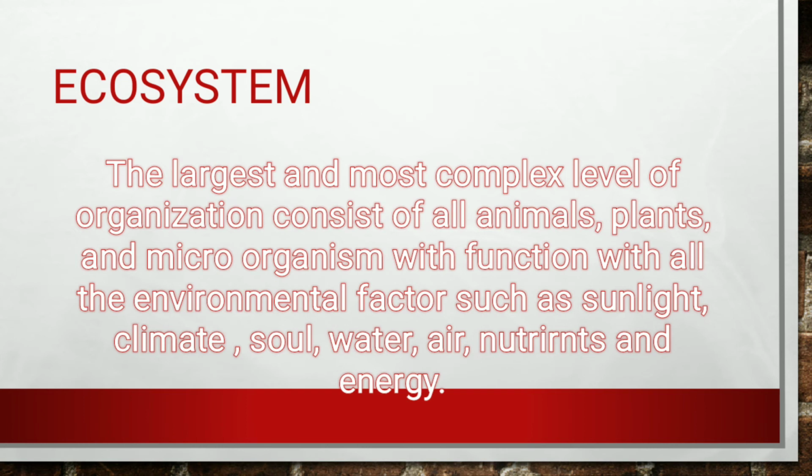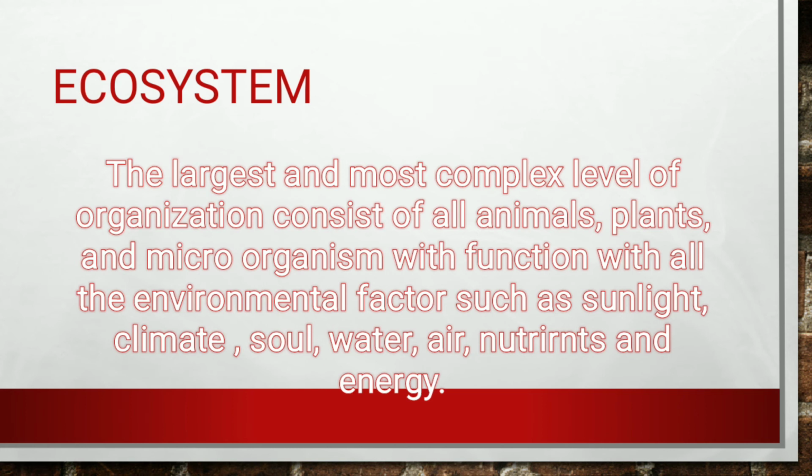Ang ecosystem ang pinakamalaki at pinakakomplikadong antas ng organisasyon sapagkat ito ay binubuo ng lahat ng mga pangkat ng halaman, hayop at maliliit na organismo na kumikilos kasama ng mga salik ng kapaligiran tulad ng araw, klima, lupa, tubig, hangin, nutrisyon at ng enerhiya.